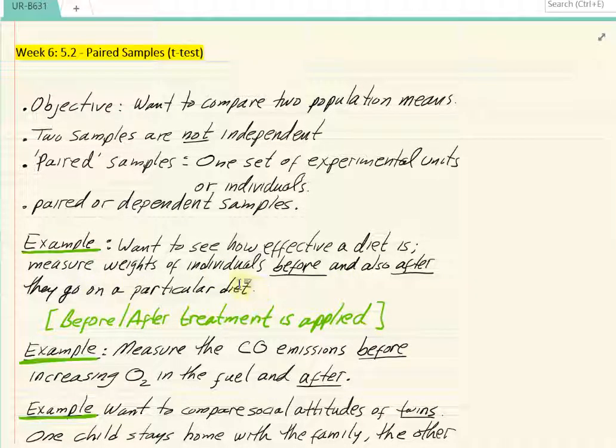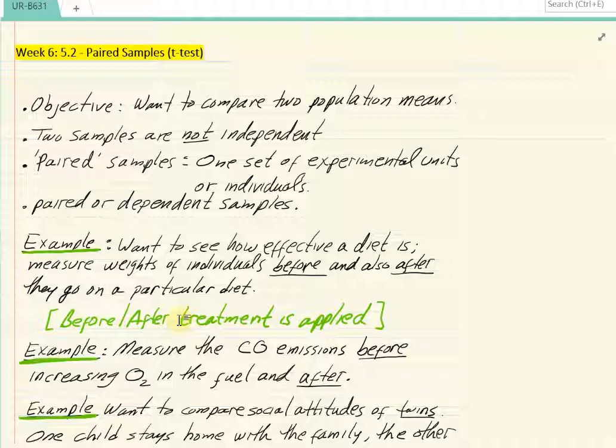So notice here, diet is our experimental manipulation, or our treatment that is applied. And it would make sense that we measure on that same individual. So for example, myself, I would go on a diet. So they could measure my weight before I go on a diet, and maybe a month, a few weeks later, measure my weight again after I go on the diet.